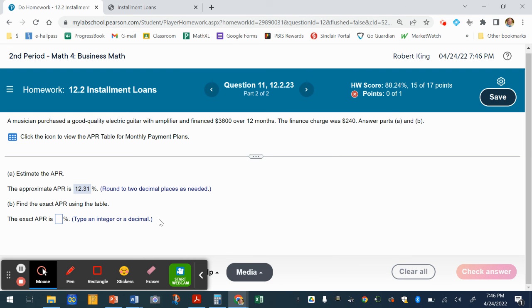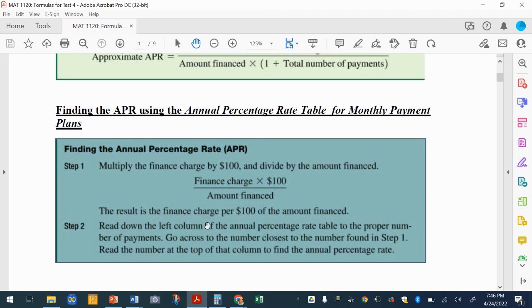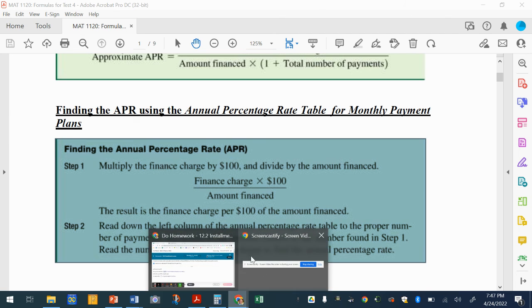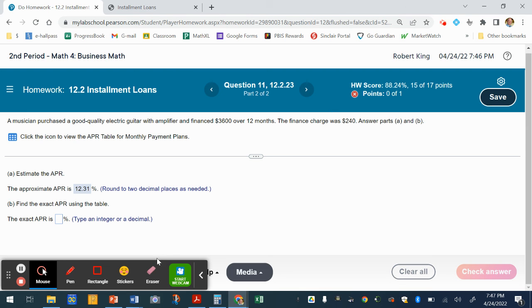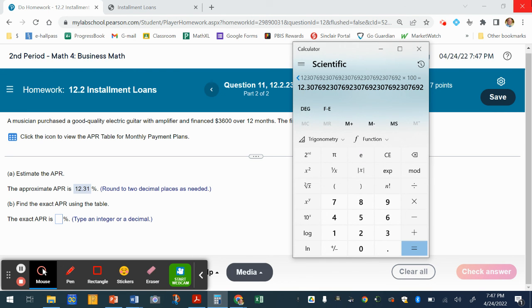So in this case, the amount financed is the full $3,600, and we need the finance charge, which they tell us is $240. So we're going to take 240 divided by 3,600 times 100.